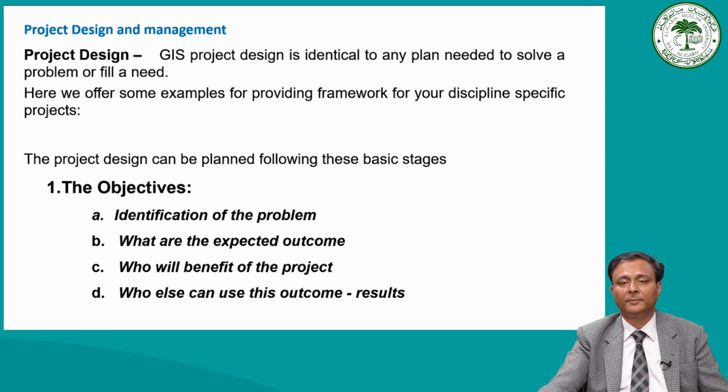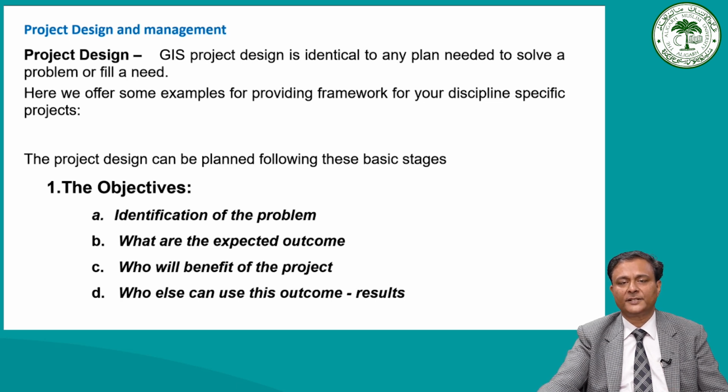So the outcome can be the hard copy map, since we are using spatial information, the digital database, since we are dealing with digital data, some kind of statistics which would come from different attributes, information which we have incorporated in our project. There may be some reports. There can also be some decision support system, etc., that you can draw out from your research or project.